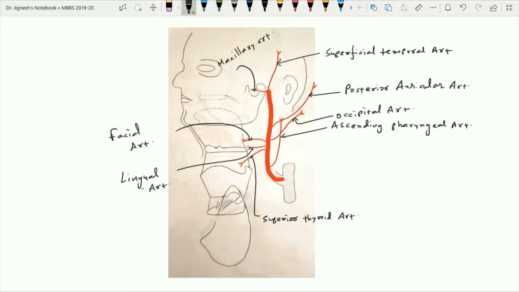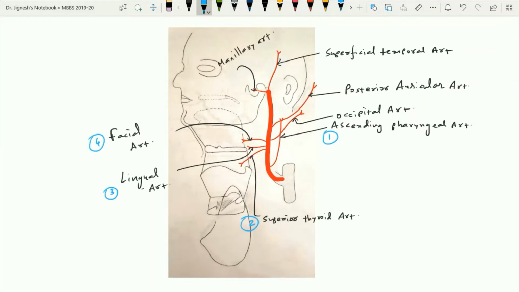So this external carotid artery gives off branches. The first one is the ascending pharyngeal artery. Three branches from the anterior side of the artery are the superior thyroid artery, lingual artery, and facial artery.